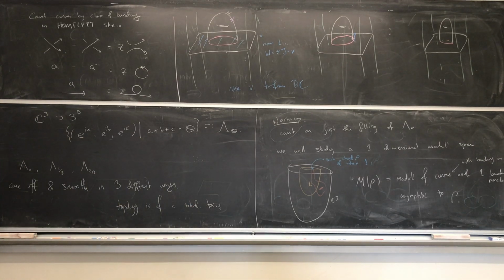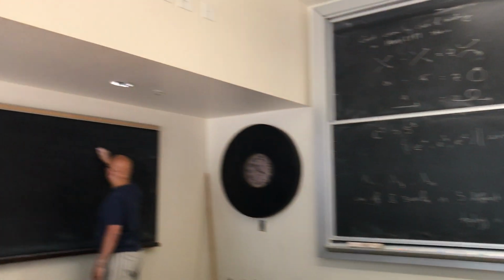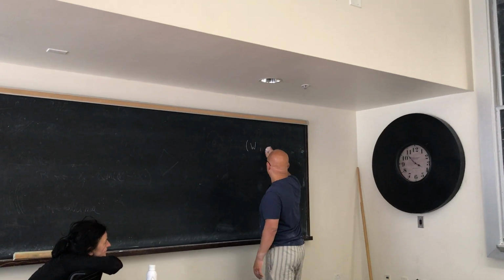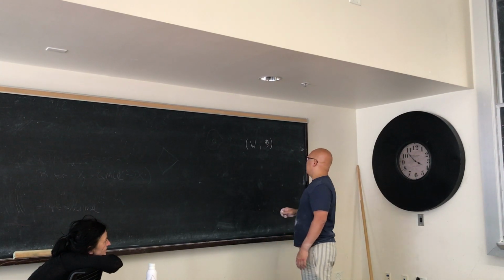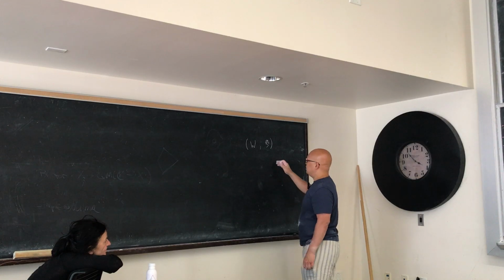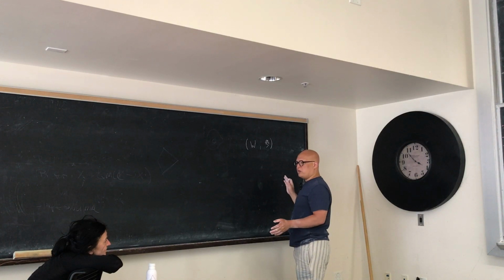Maybe I'll go here and have a 5-minute crash course on contact geometry. A contact manifold is a manifold W and a hyperplane field C, which is called maximally non-integrable.